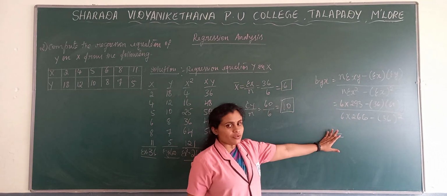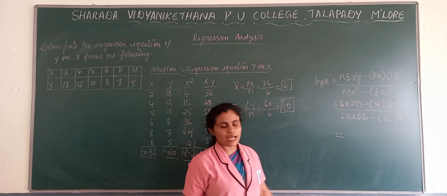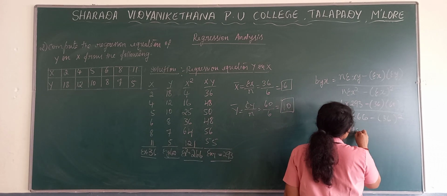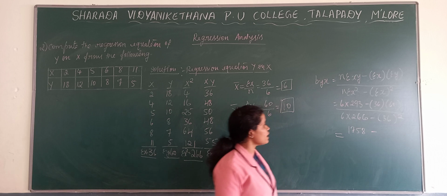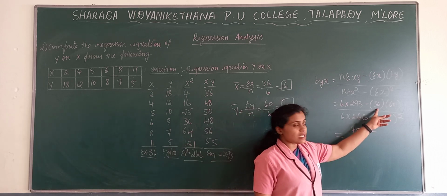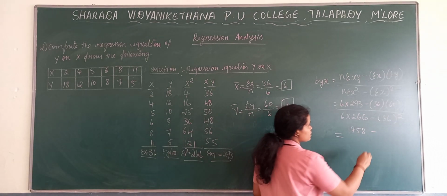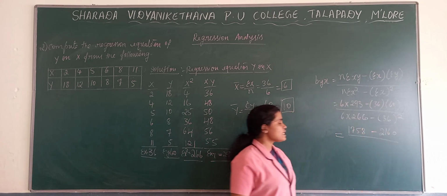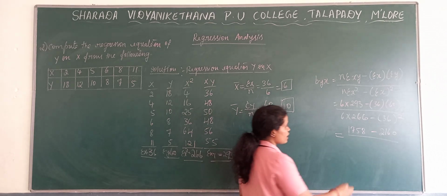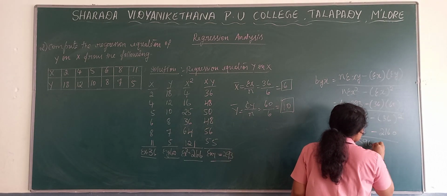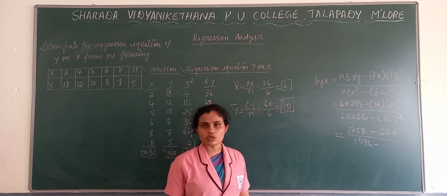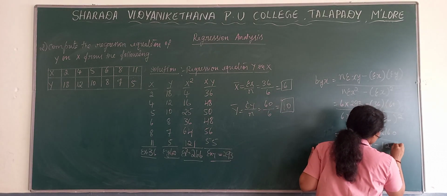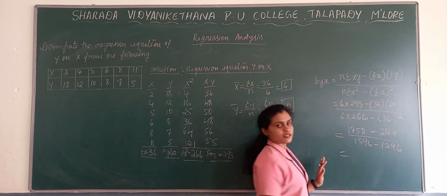So here we get 6 into 293 as 1758, minus 36 into 60, we get 2160, divided by 6 into 266, we get 1596, minus 36 whole square, we get 1296.